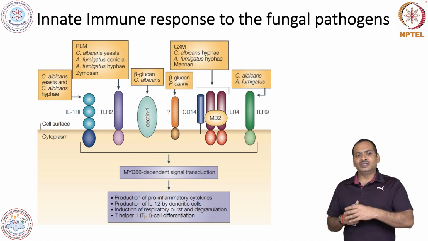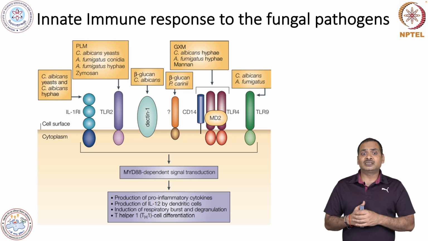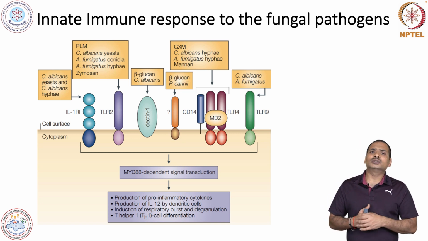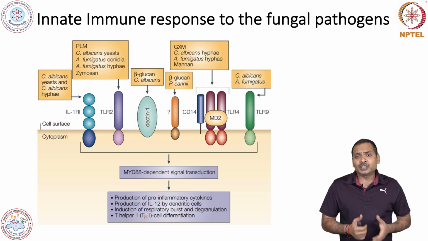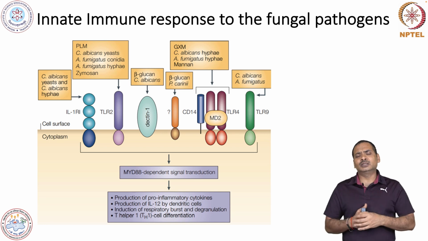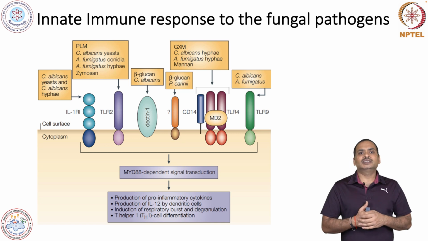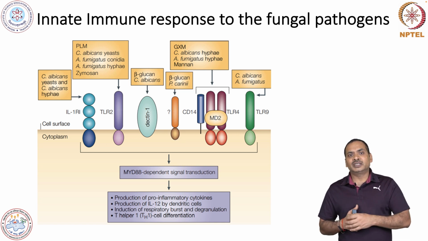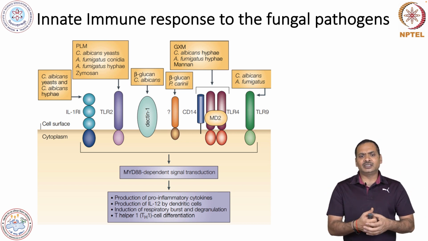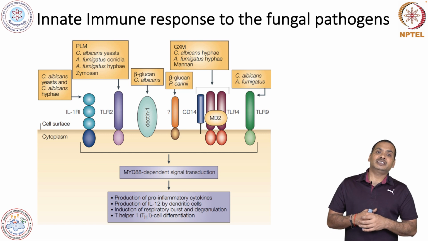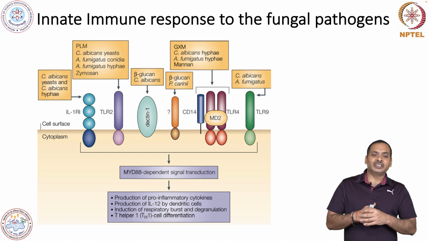Dectin-1 can also sense beta glucan, and there are some unknown sensors that also sense beta glucan. The TLR4 receptor complex can also sense some fungi. TLR9 senses Candida albicans and Aspergillus fumigatus, and they activate MyD88-dependent signaling, which will produce pro-inflammatory cytokines.